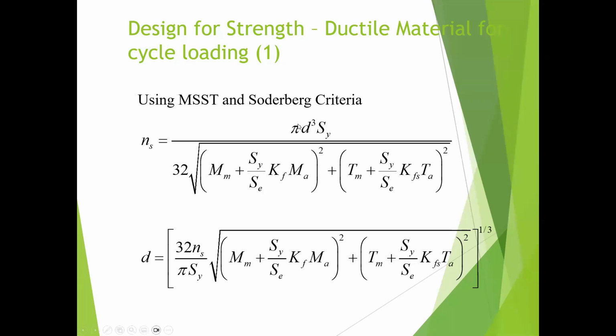So one more time, when should we use this equation? We should use this equation if we know the diameter of the shaft and we want to see what safety factor we can have. So then you use the first equation. However, if I know the safety factor and I want to know what diameter I should have, then I use this other equation.